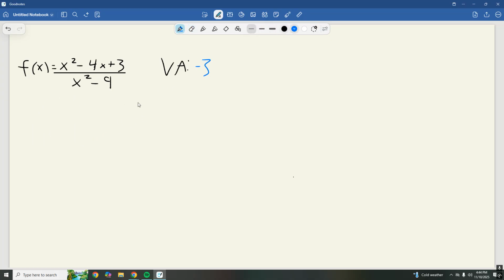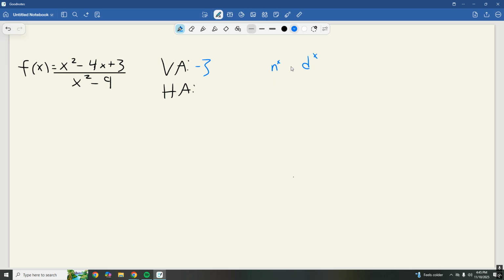Now, horizontal asymptotes has some rules that we need to pay attention to. With horizontal asymptotes, we have to look at the exponent of each of the leading coefficients here. So the numerator exponent and denominator exponent.